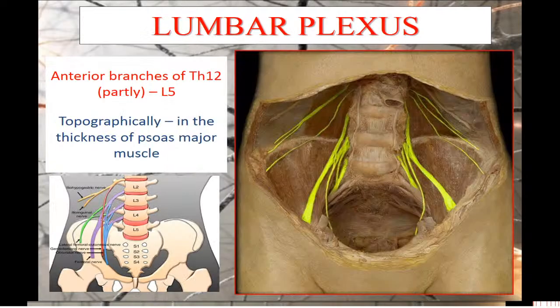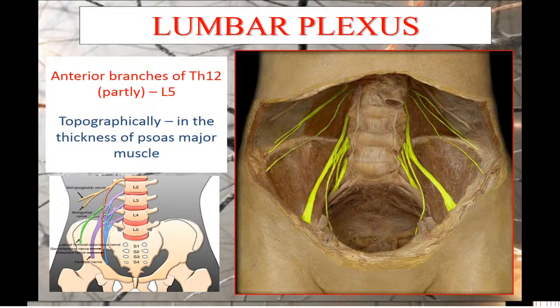Lumbar plexus, plexus lumbalis. It is formed by the anterior or ventral branches of thoracic 12, 1st to 5th lumbar spinal nerve, 5th just upper portion, just partly.